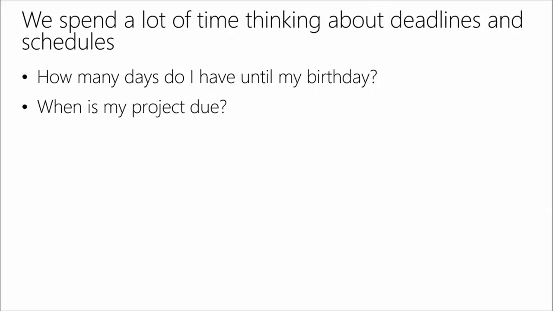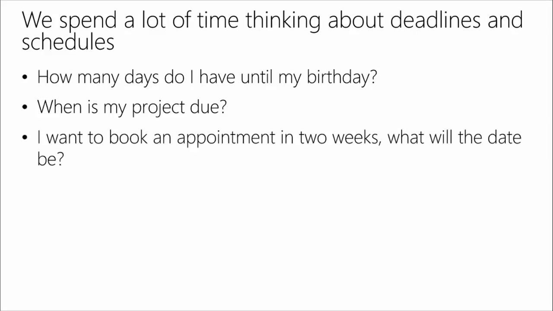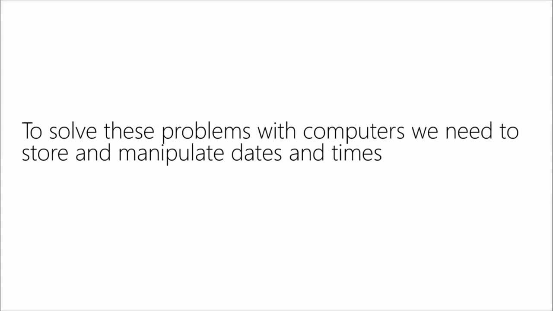Based on a project being due, is it late or is it on track? If I'm looking to book a follow-up appointment with the doctor two weeks from now, or my contacts are 30 days, I have to remember to pull them out after 30 days. So how do I do something like that?